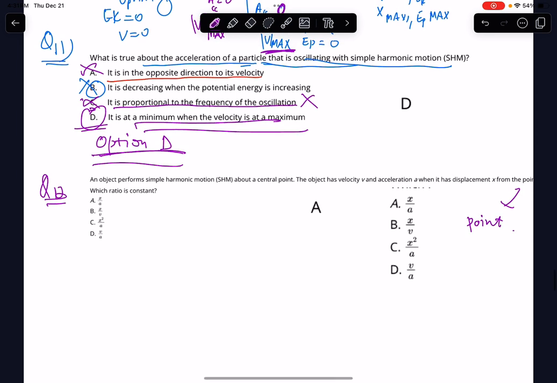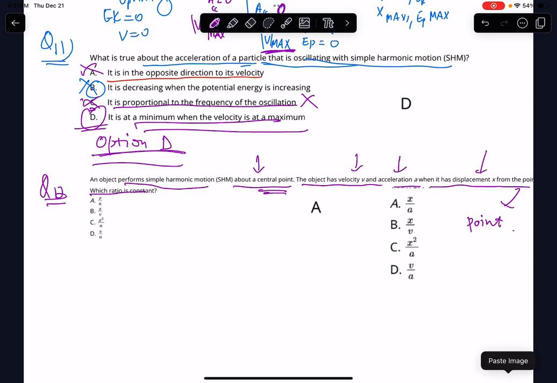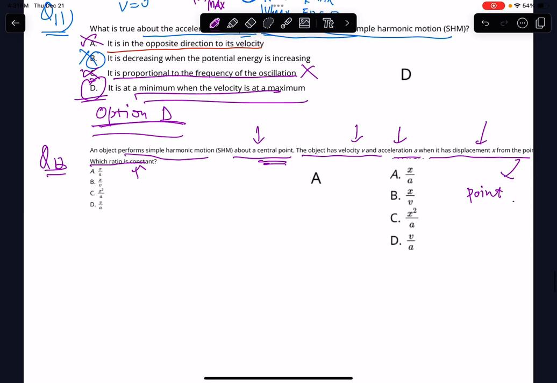So an object performs simple harmonic motion about a central point. The object has velocity v and acceleration a, and it has a displacement x from the point. Which ratio is correct? So you're performing SHM along a central point. You have a velocity v and acceleration a, and you have a displacement x from the point. So which ratio would be correct?